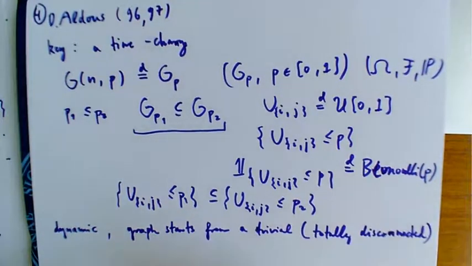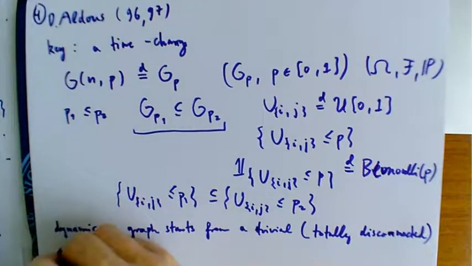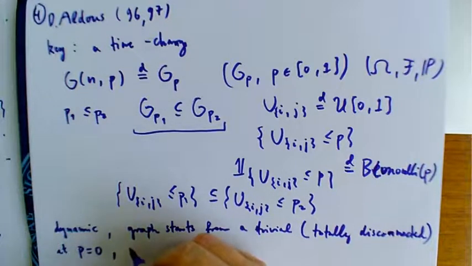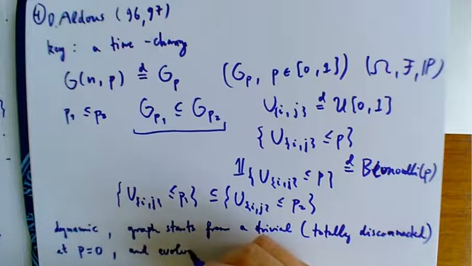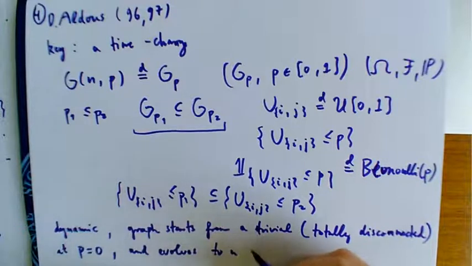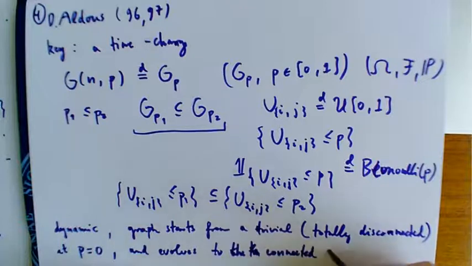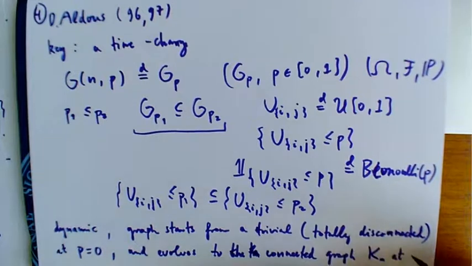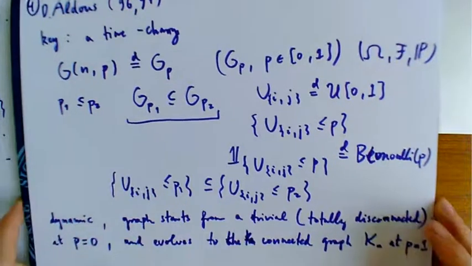It's not random because p is 0, so at p equals 0 there is no open edge. Then as you increase p, the edges start appearing and it evolves to the completely connected graph, usually called K_n, at p equals 1.